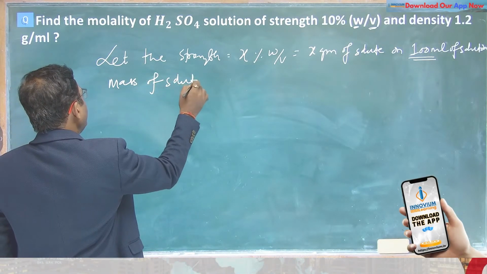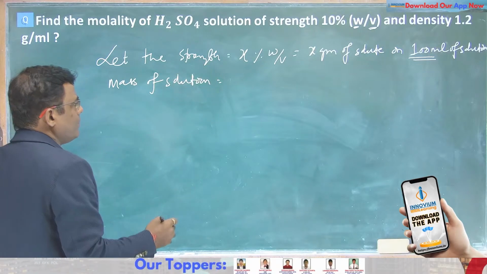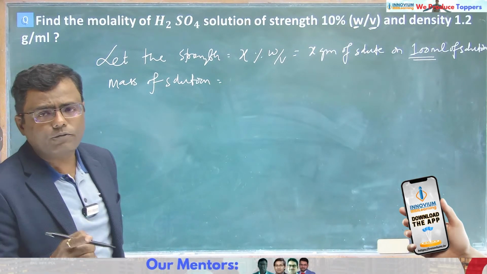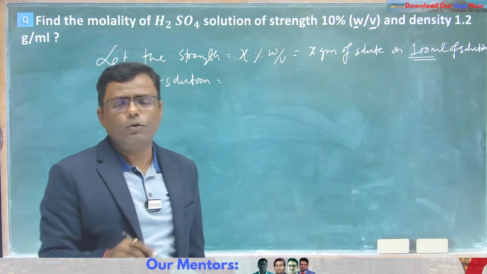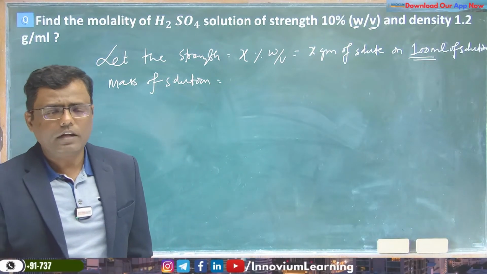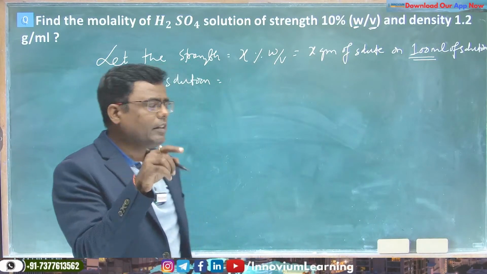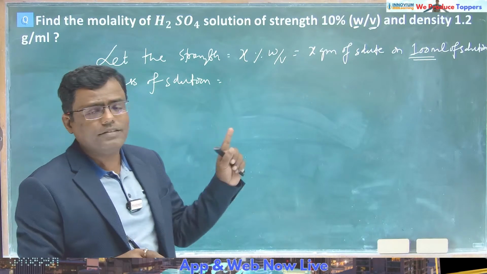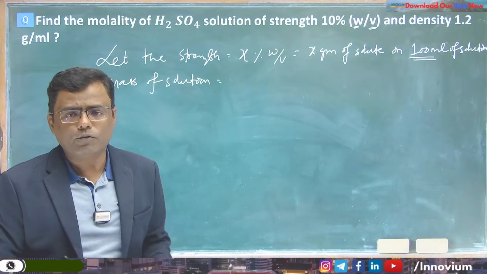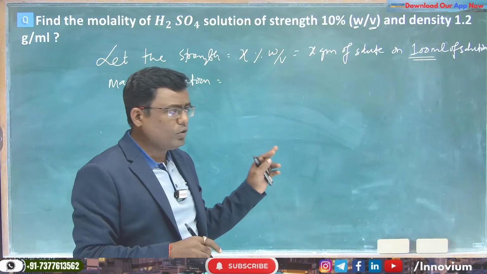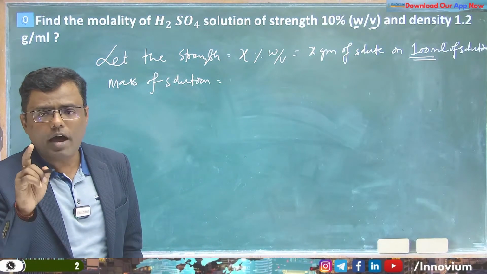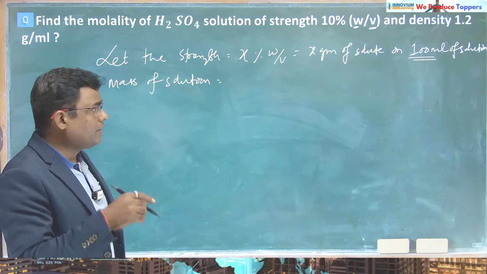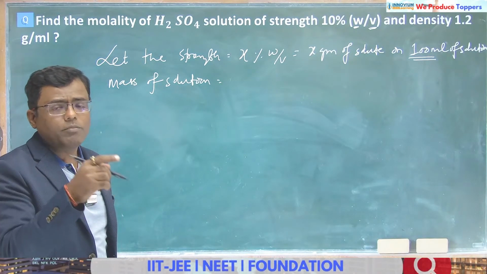Why are we calculating the mass of solution? Because to find the molality, we always need to know the mass of solvent in which the solute is present. In the formula of molality, we consider the number of moles of solute present in 1 kg of solvent or 1000 gram of solvent. So we need to know the mass of solvent present in the solution, so that we can easily find the molality from the basic formula.